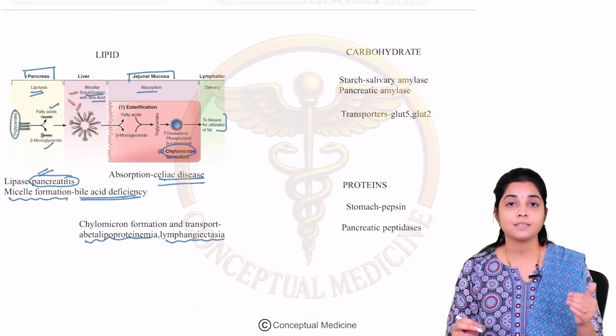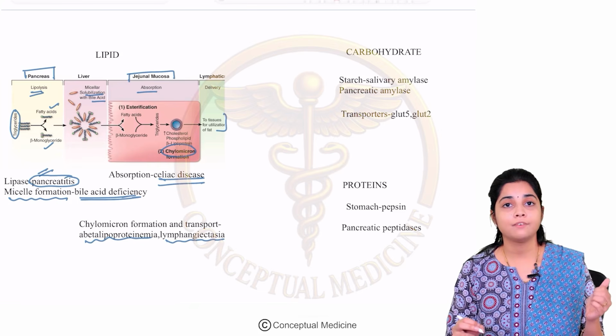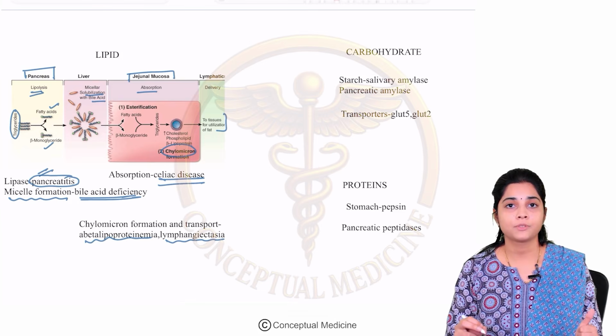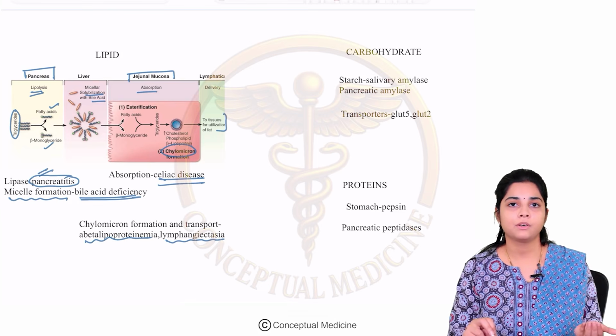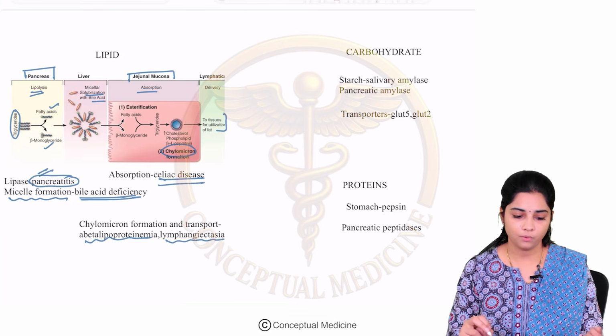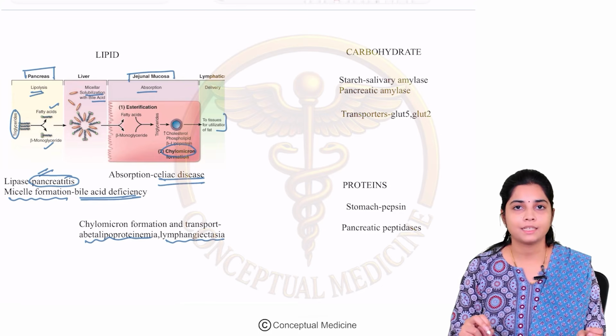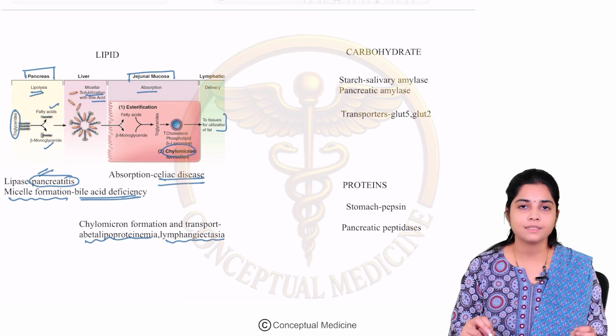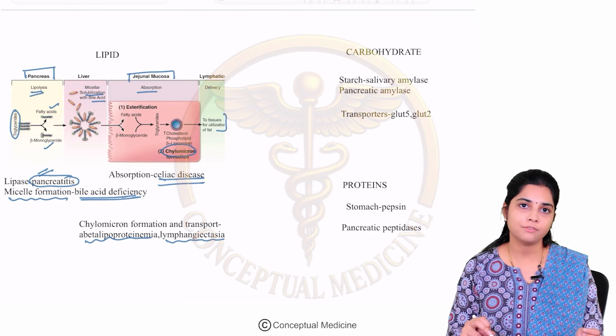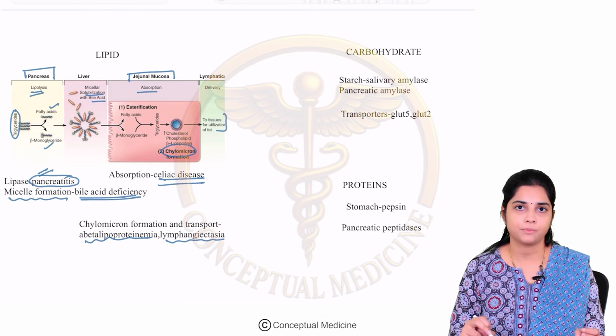So this is an example of how at every stage the lipid absorption can be affected, but the etiology can be different. First step is the deficiency of pancreatic lipase. When there is pancreatitis, then the lipolysis itself does not happen and there can be lipid malabsorption.